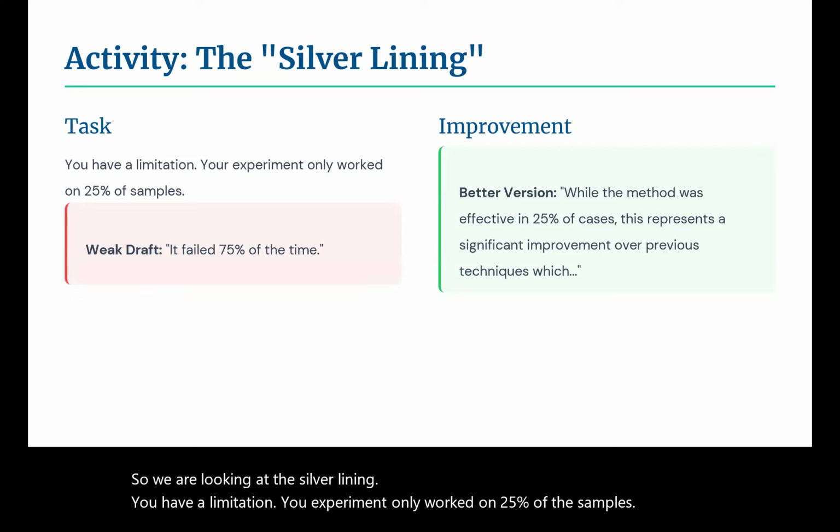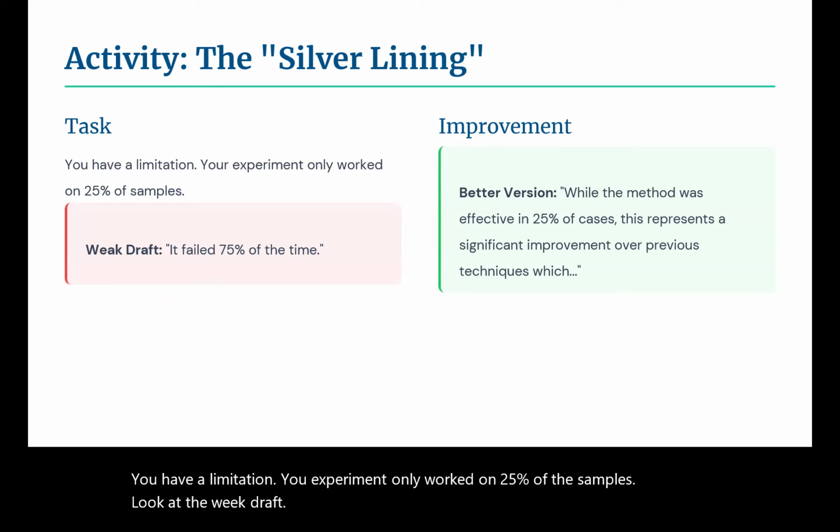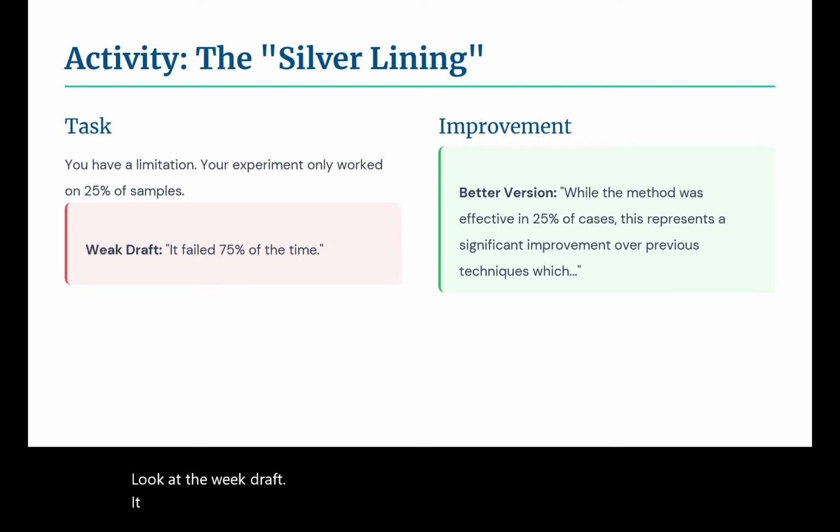Look at the weak draft. It says it failed 75% of the time. Look at the improved sample. "While the method was effective in 25% of cases, this represents a significant improvement over previous techniques used."